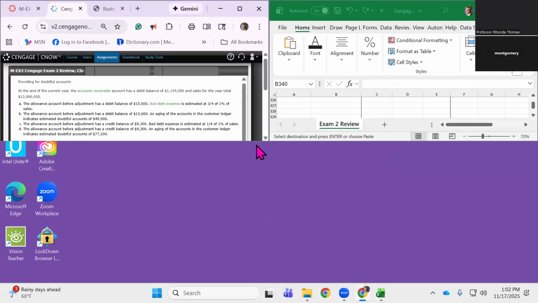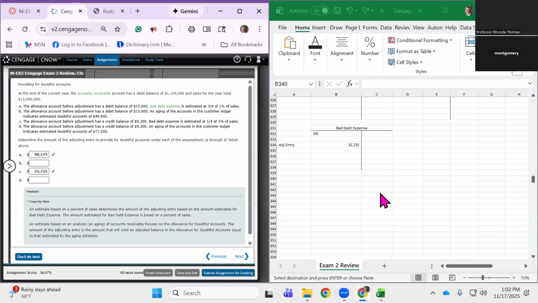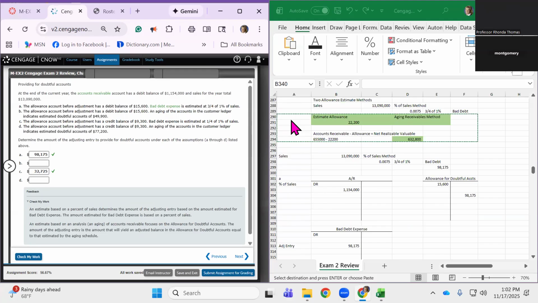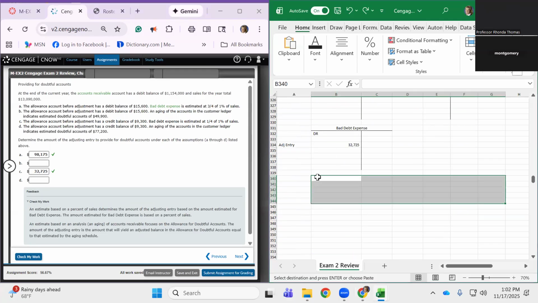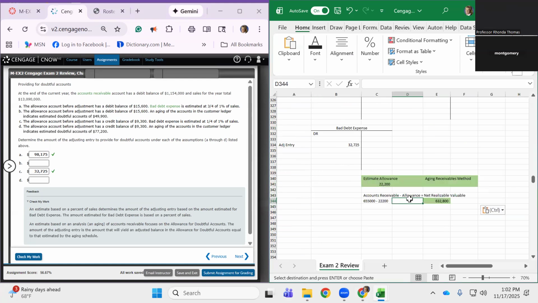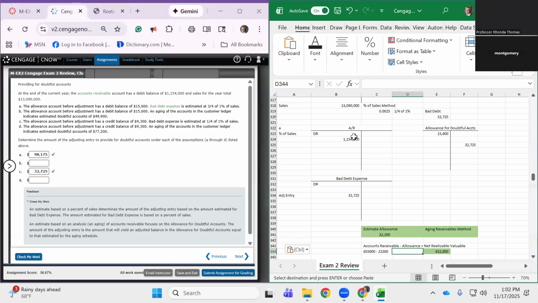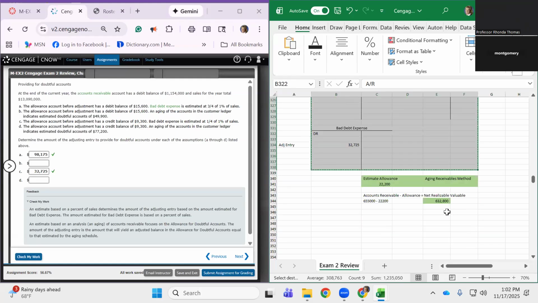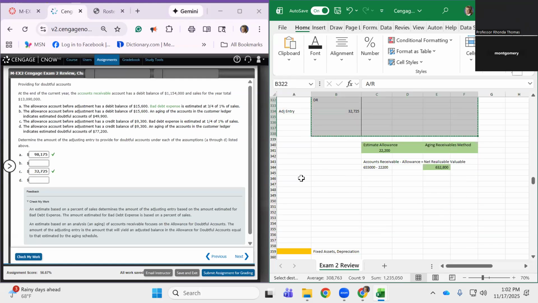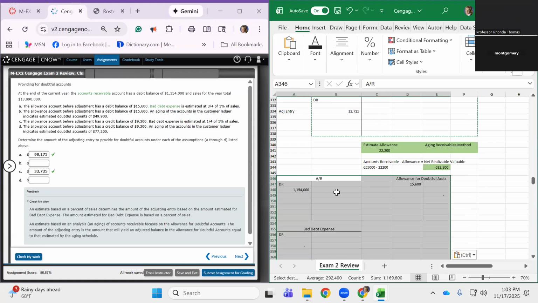Okay, let me pull this down. One more time. We're going to use these accounts again, because this time we are going to pay attention to how much is in the account.